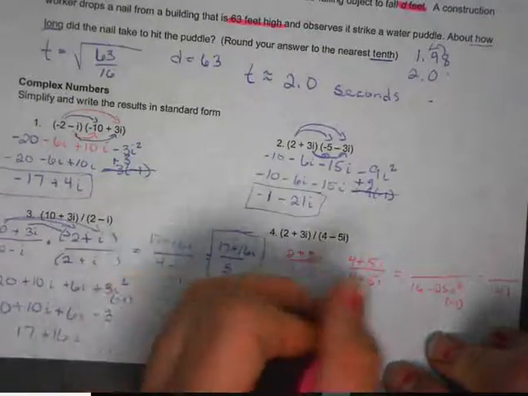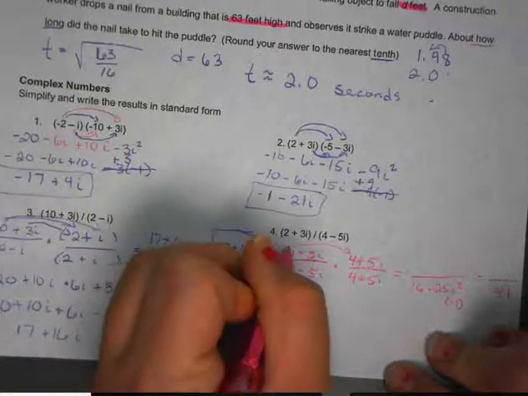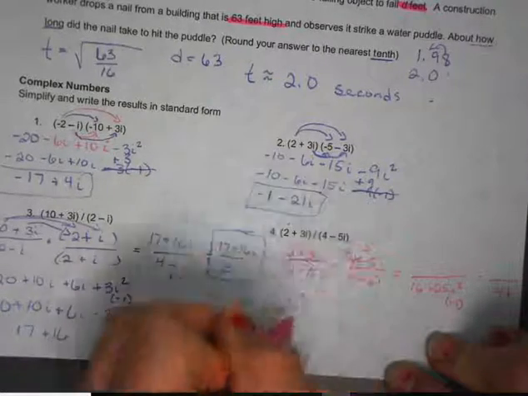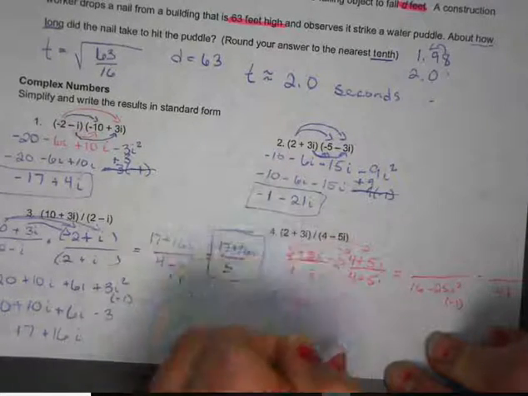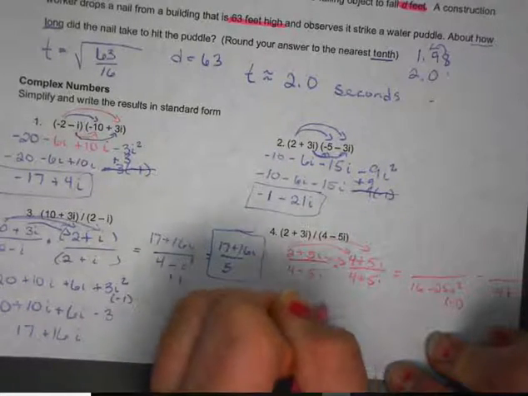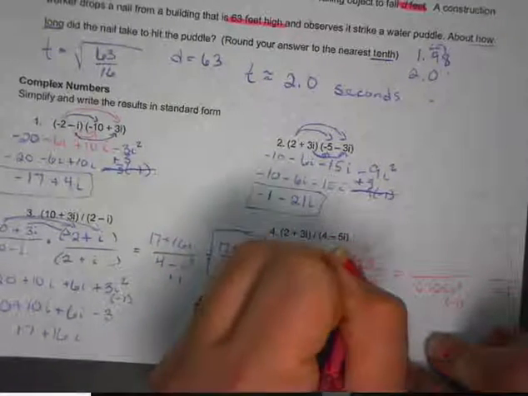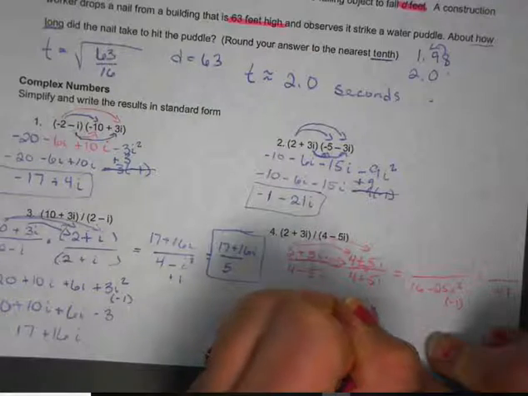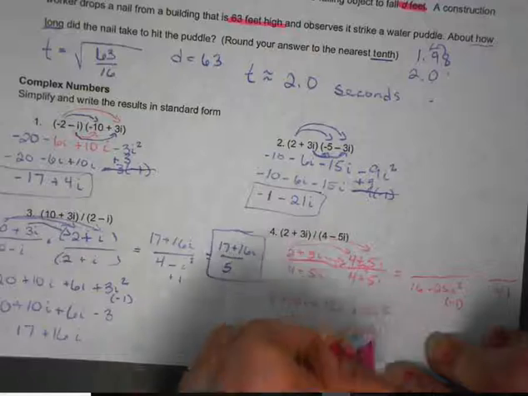And then we're going to multiply the two binomials up top again. So 2 times 4 is 8. 2 times 5i is 10i. 3i times 4 is 12i. And 3i times 5i is 15i squared. Again, remember, i squared is negative 1.